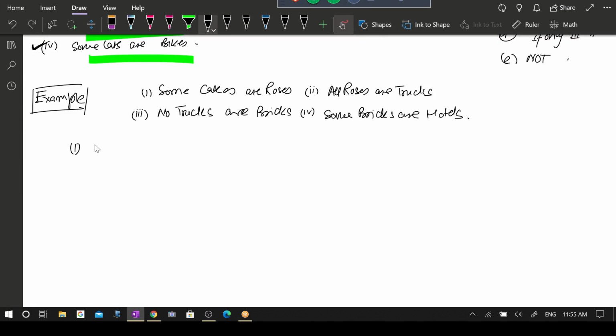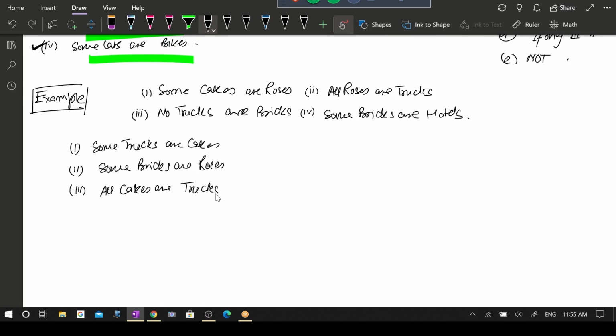Conclusion 1 given to you is some trucks are cakes. Second conclusion is some bricks are roses. Third conclusion is all cakes are trucks. Fourth is some hotels are cakes.